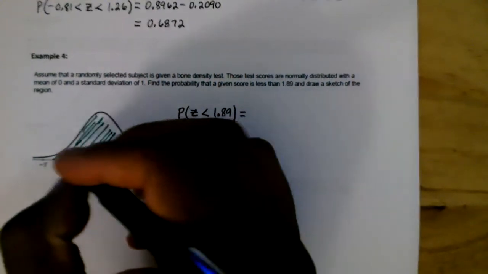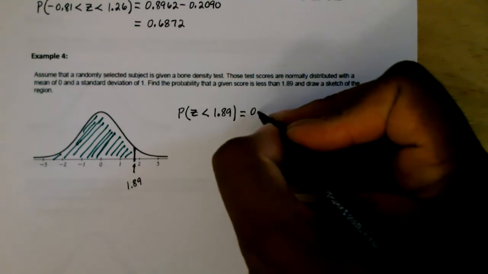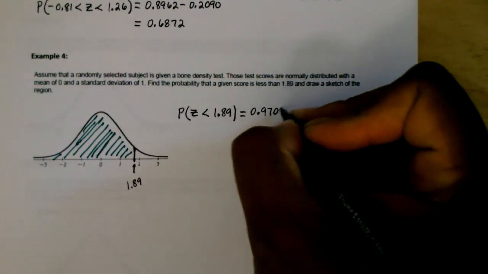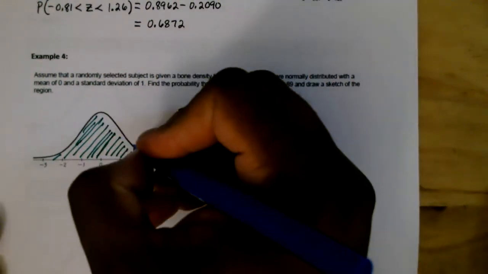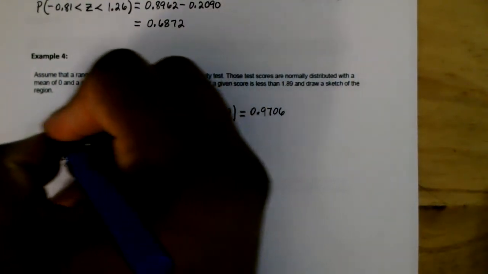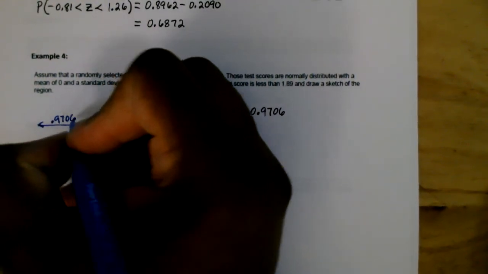So this shaded area to the left is what we were looking for, 0.9706. So this is all the way out here, so it'll be 0.9706.